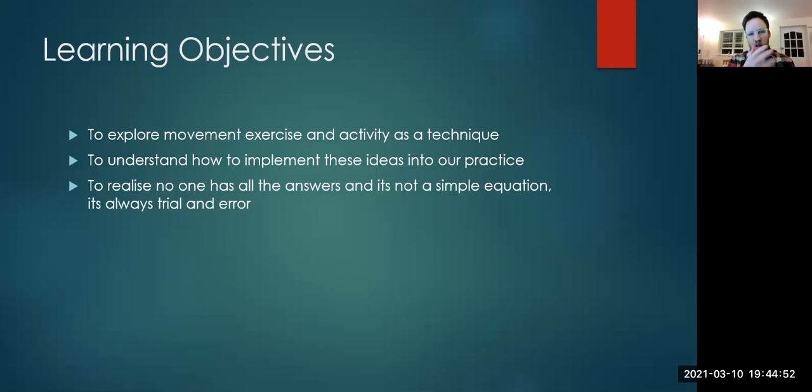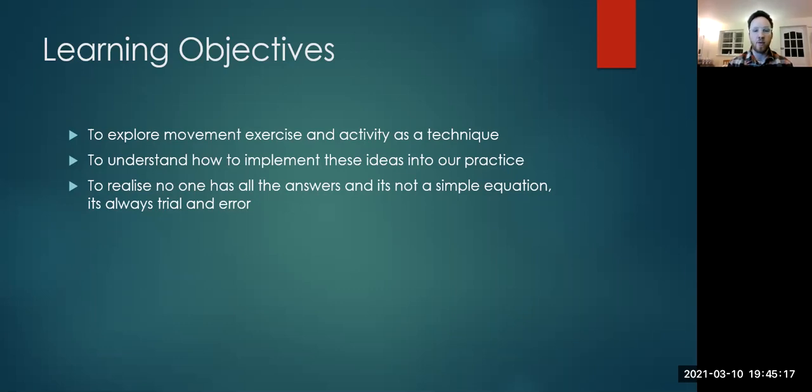So the learning objectives today, loosely, are that we're going to try and explore movement, exercise, and activity as an actual technique that we can use. As an osteopath myself, I think exercise is seen as something else, something that we do that's not really us.